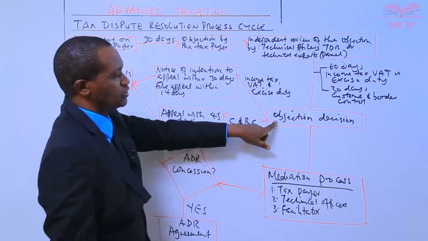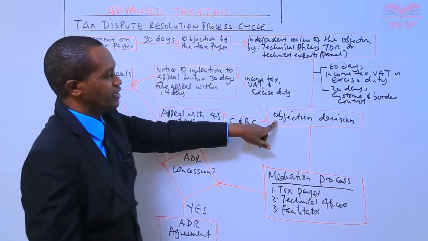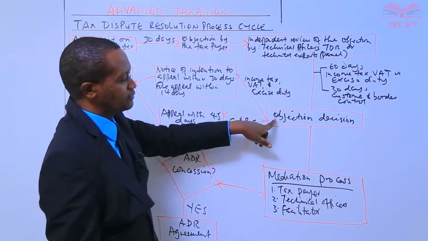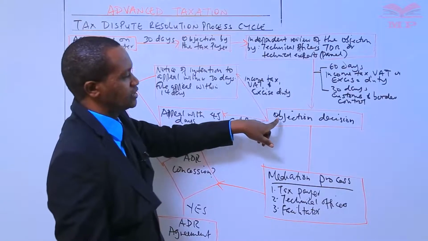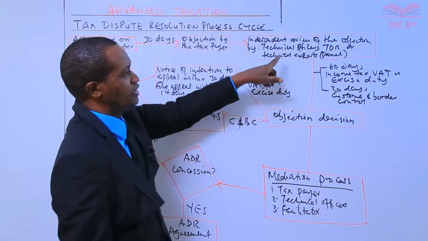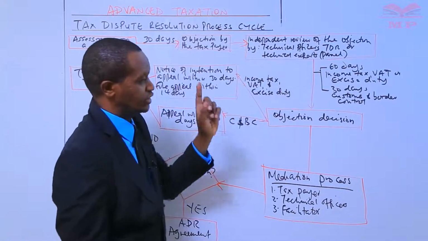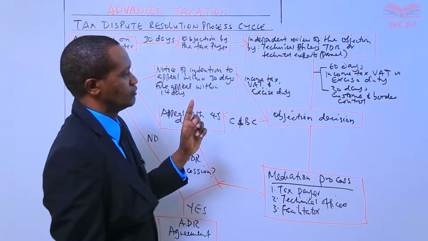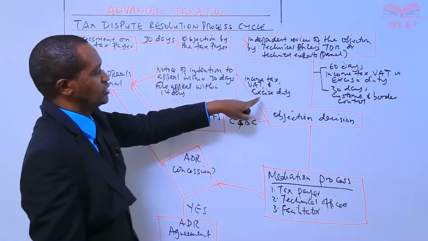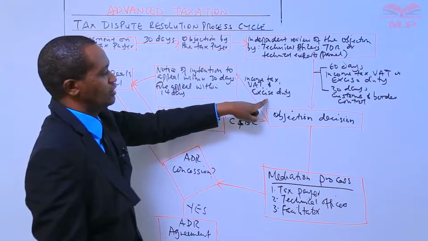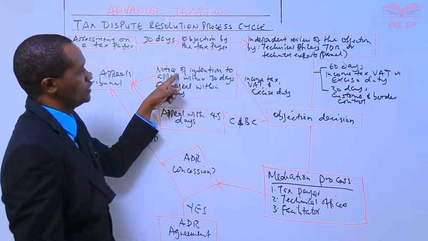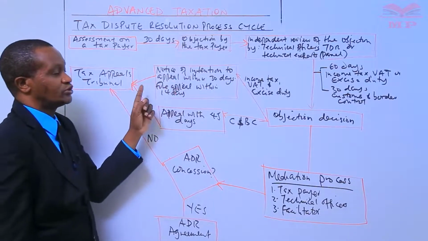The objection decision that is made here, the taxpayer may still not be satisfied by it after the independent review of the objection. If it is an income tax, VAT or excise duty matter, then notice of intention to appeal within 30 days has to be made.